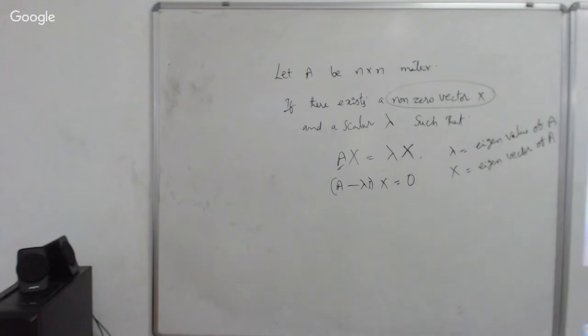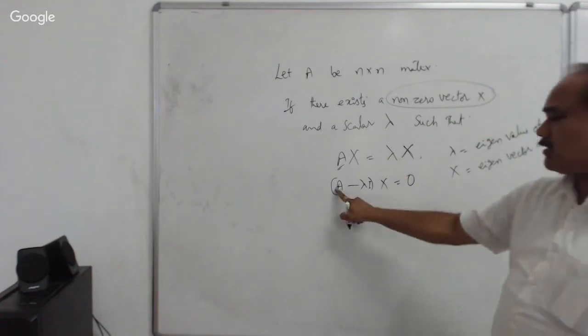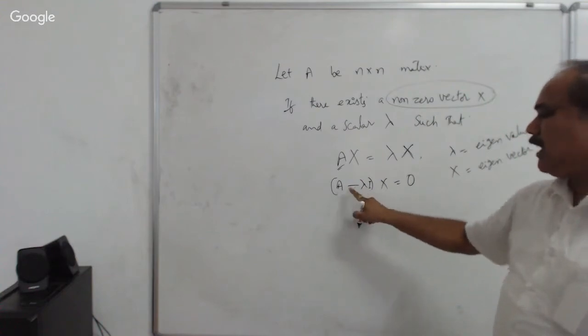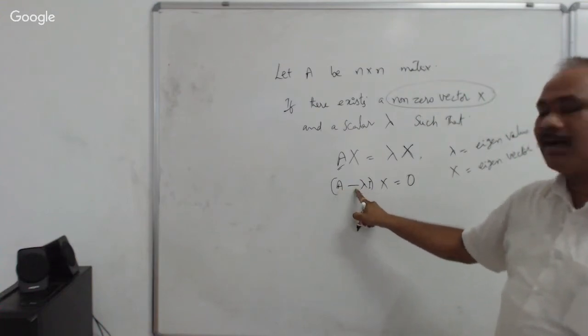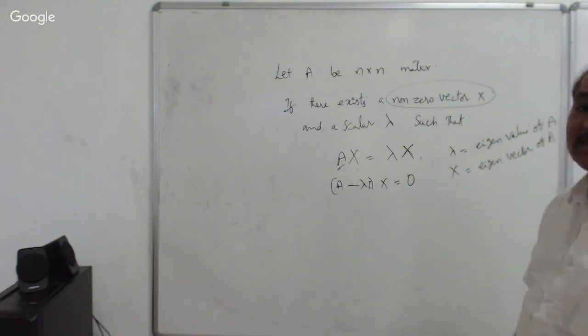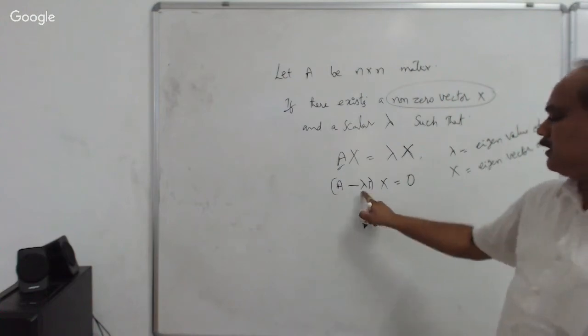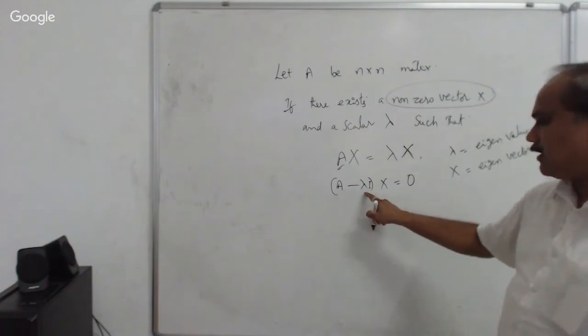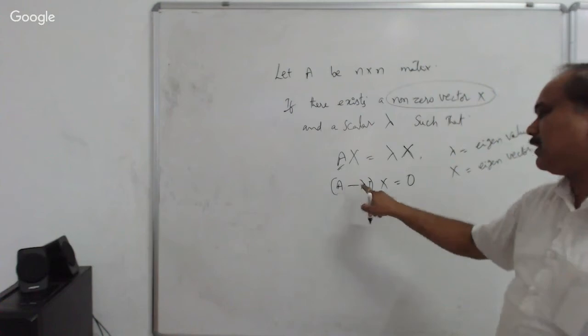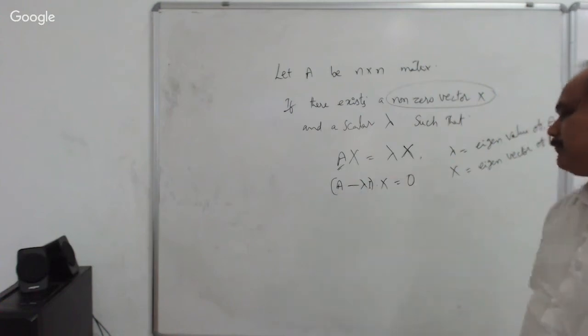Lambda I. Why? Because it is a matrix. If it is a real number, subtraction between a matrix and a scalar quantity is not possible. That's why now lambda I becomes a matrix. Now it is a matrix. Now it is possible.